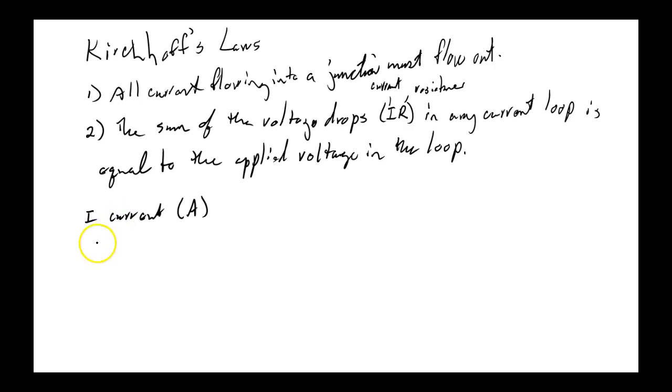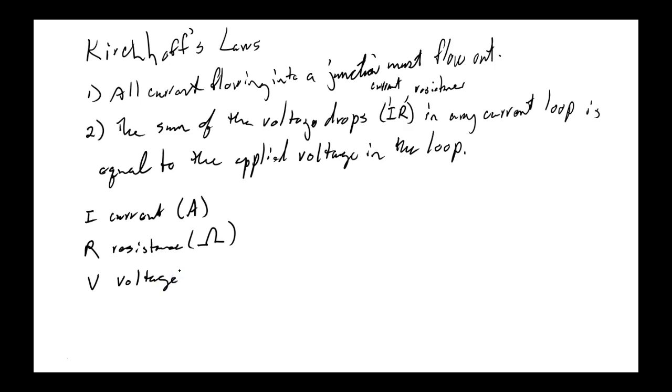Resistance is in ohms. The R is the resistance. And that's the symbol capital Omega. Ohm is named after Georg Ohm, who did the early work with resistance and came up with Ohm's law and various things like that. And then you have the voltage, and V stands for the voltage.